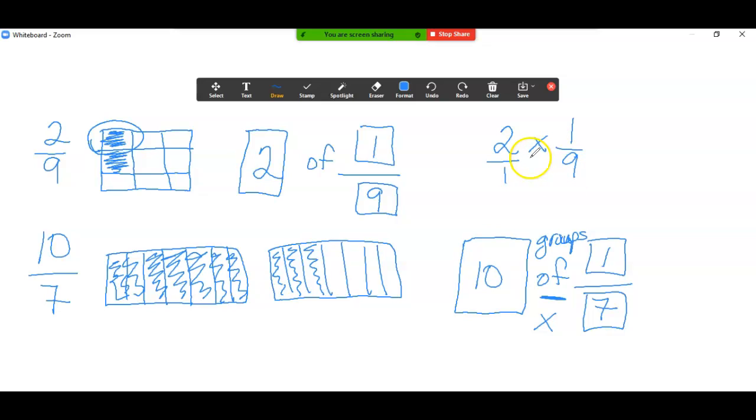Multiplying and dividing fractions is so much easier than adding and subtracting. You do not have to worry about any changing of the denominators. Okay, so 2 times 1 is 2, and 1 times 9 is 9, and there's your 2/9. Okay, so today's lesson of writing these things out as we're doing here is leading us to this tomorrow. Okay.